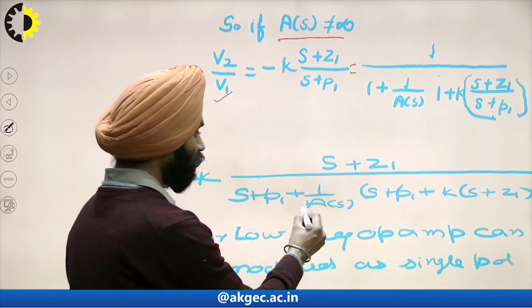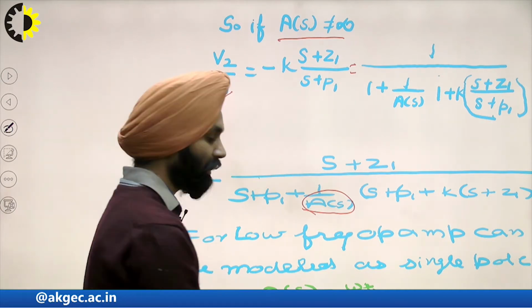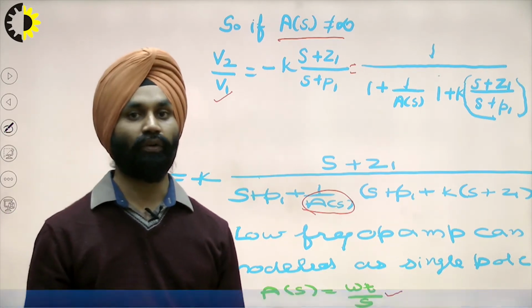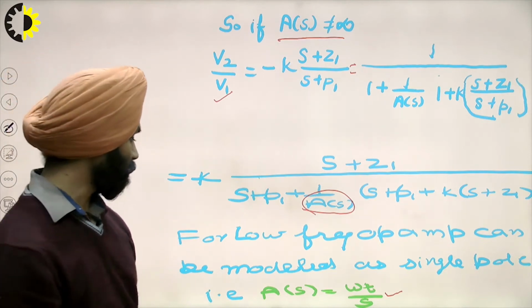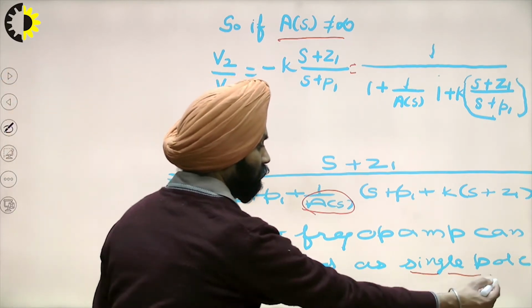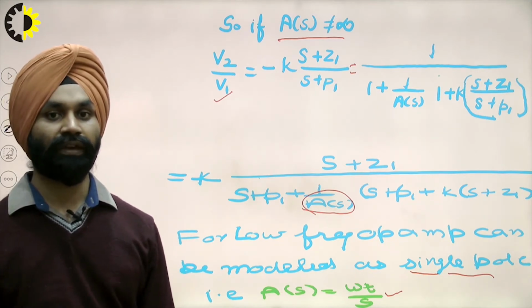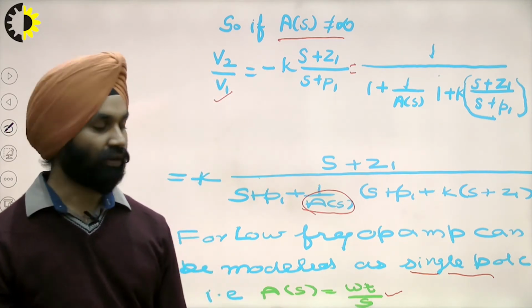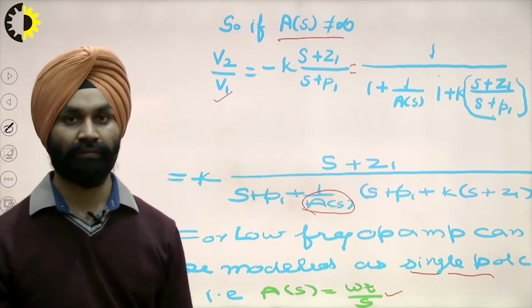At low frequency this operational amplifier gain can be given by omega t by s, which is the op-amp's single pole model. We can assume that at infinite frequency A(s) will be infinite.